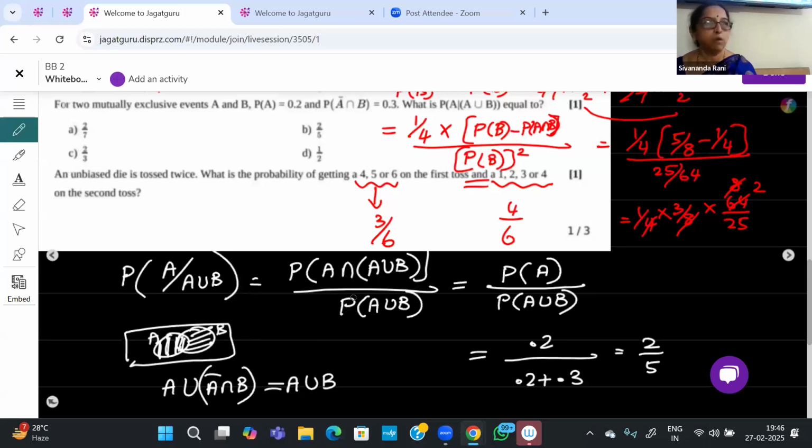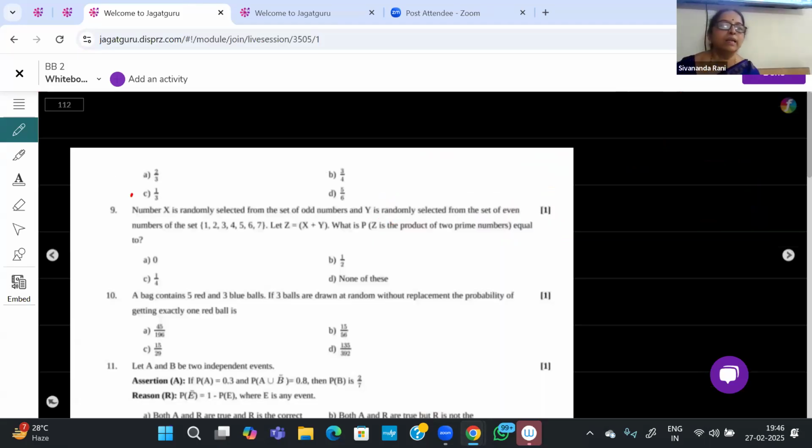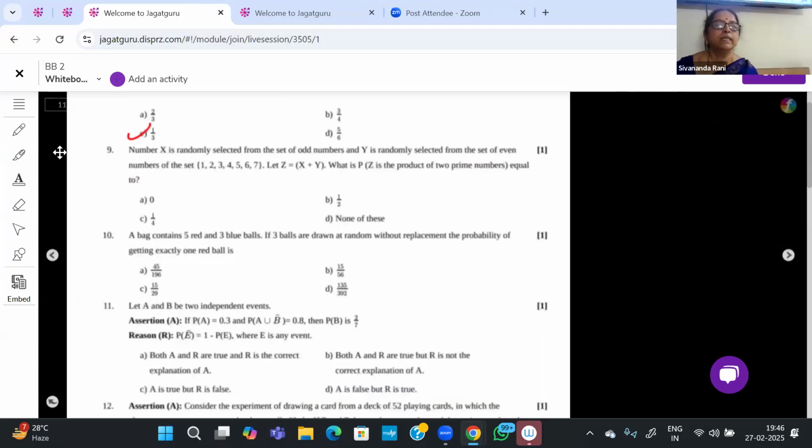What should I do? Multiply, because they are independent. Half into 2 by 3, that is 1 by 3. That's it. It's 1 on 3. Go to the next.